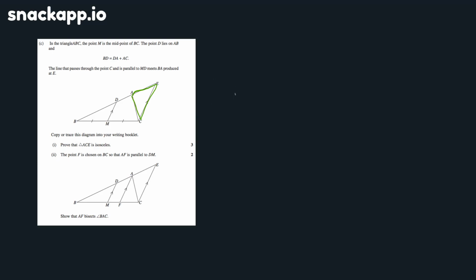So how can we start talking about one of these other sides? Well, we know that if M is the midpoint of BC, D should also be the midpoint of BE. So let's write that. If BM equals MC, which is given, BD must also equal DE.